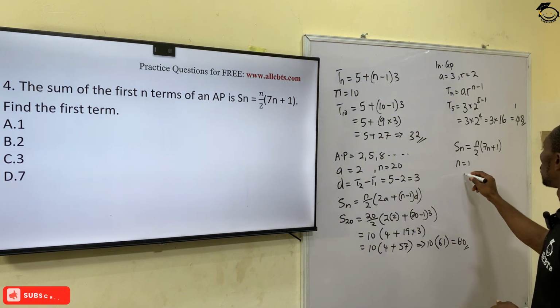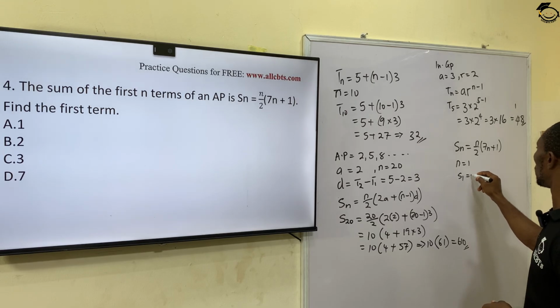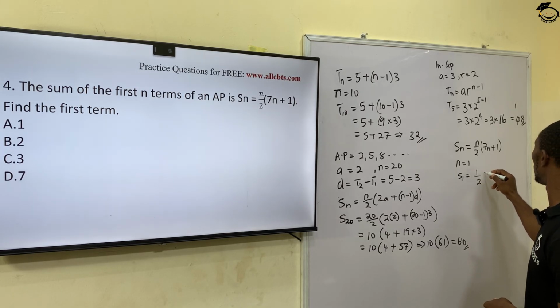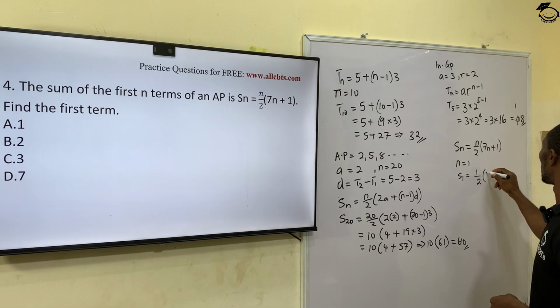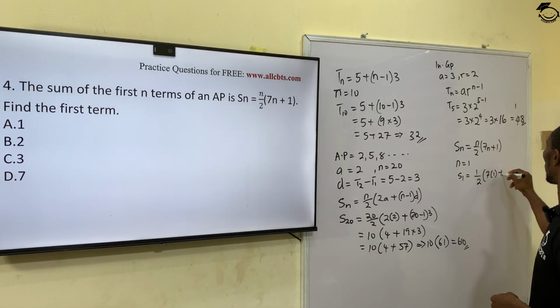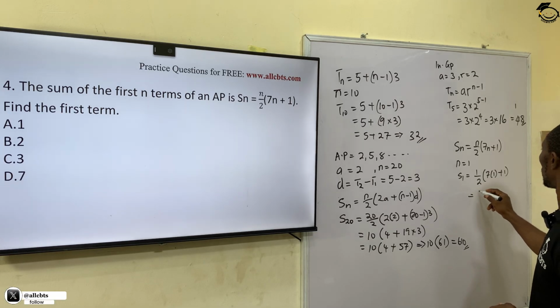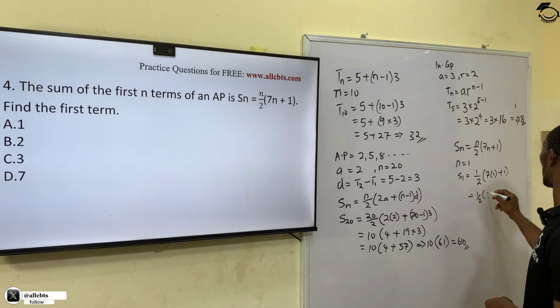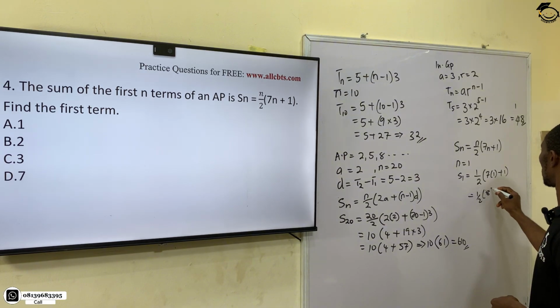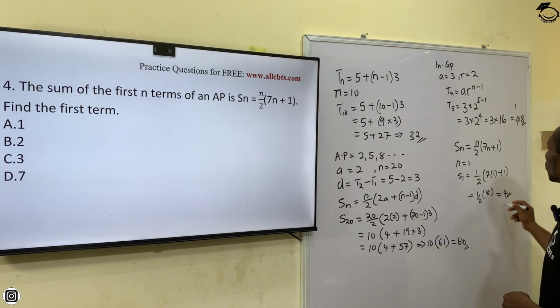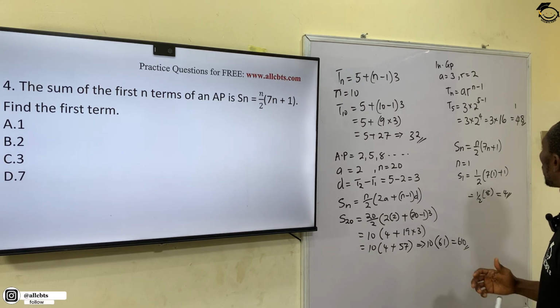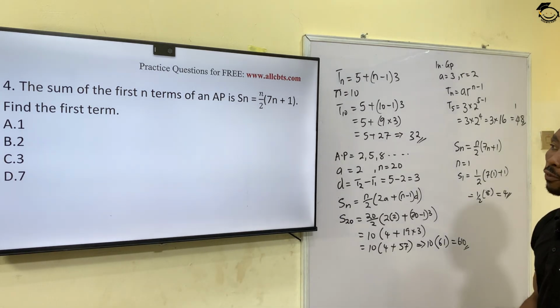This becomes S1 will be 1 over 2 bracket 7 times 1 plus 1. So 7 plus 1 will give us 8, and half of 8 will be 4. So our first term for this sequence is going to be 4.